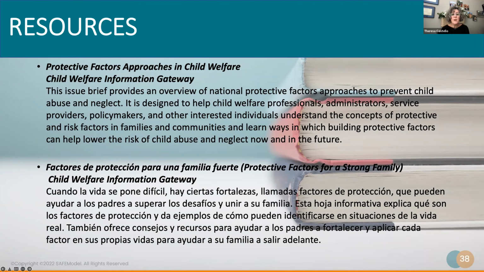That's an issue brief that's very informative. And there's a Spanish resource, the protective factors for strong families, that is available through the Gateway. So I think all of these are relevant to the content that we've talked about today and might be additional resources that you might like to access.